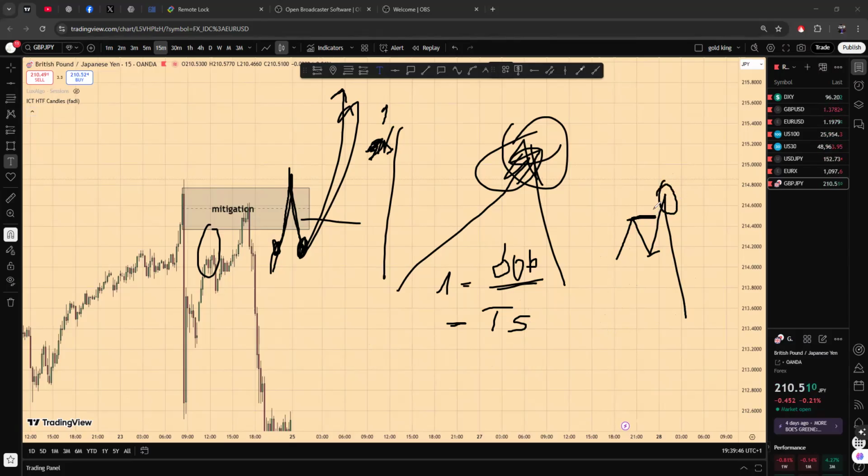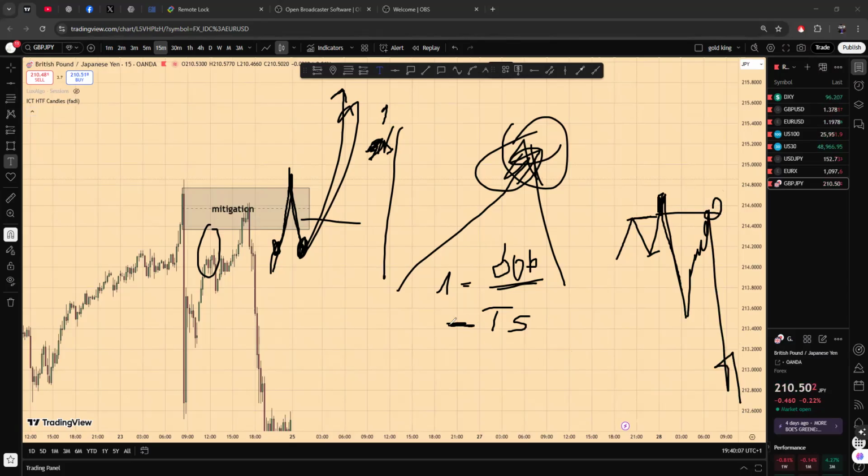It actually means that institutions sponsored price above this high. And when the market sells down, they will then spot that last bullish candle, which they place their buy orders in before selling, because those buy orders in that candle are going to be in a loss. So we expect price to come back so that they can close those losses, and that's where we join the move.